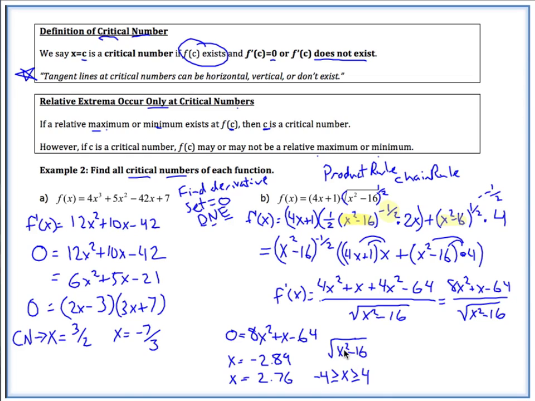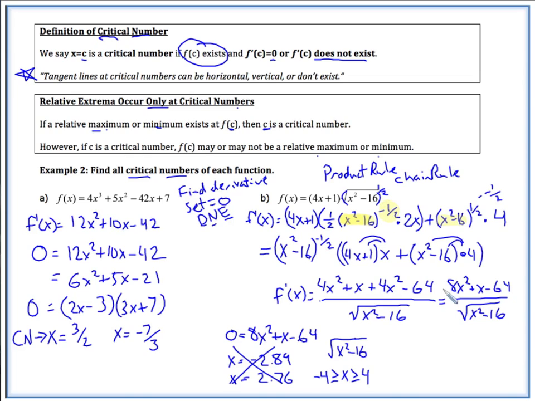If we get anywhere between negative 4 and 4, this becomes a negative number, becomes imaginary, and it doesn't work. So because these two values fall in a range that is not in the domain of our function, they can't be critical numbers. So you always want to check, are these numbers in the domain of the function?